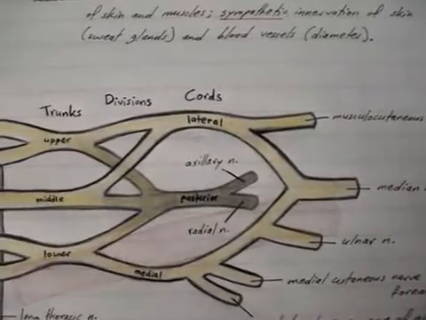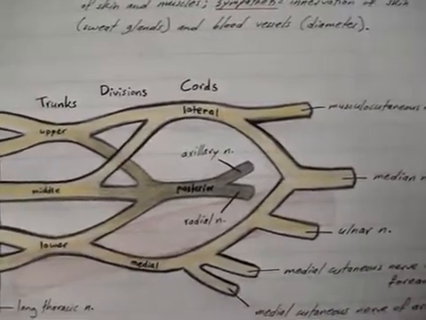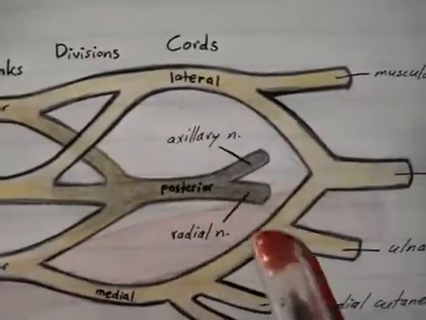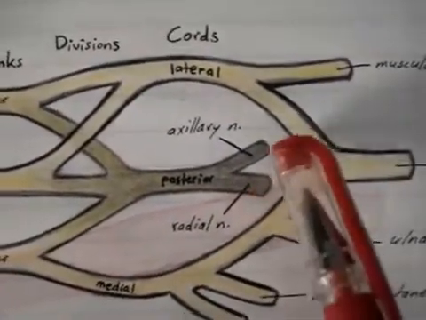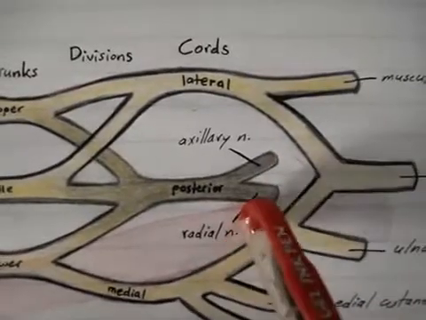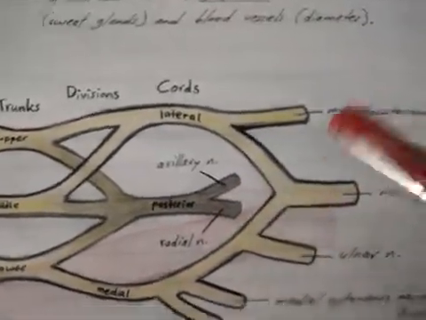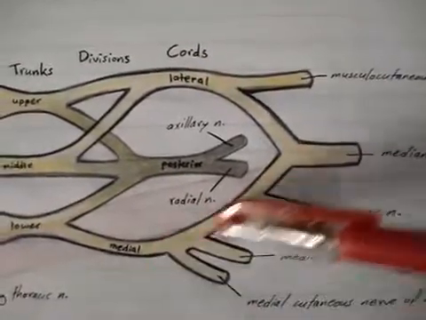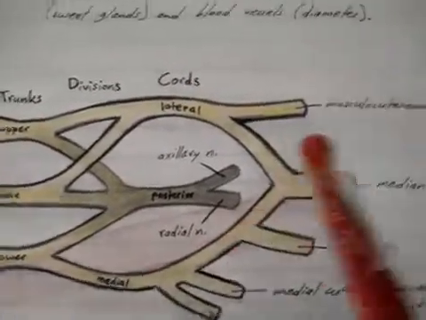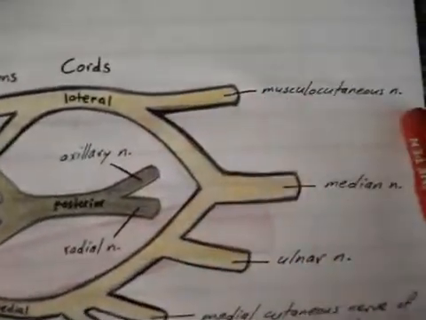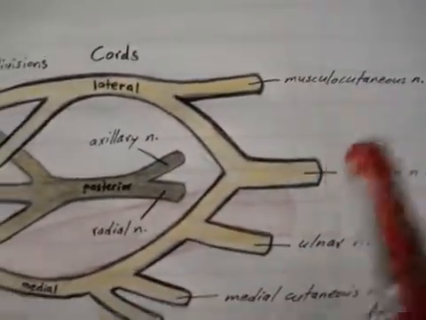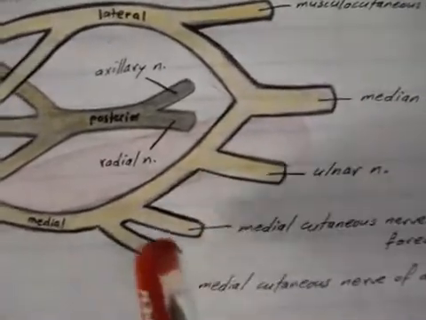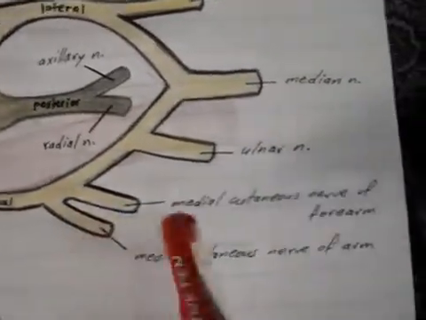So now we look at the major branches of the brachial plexus. The major branches of the posterior cord are the radial nerve and the axillary nerve. Okay, the radial and axillary. The major branches of the lateral and medial cords are the musculocutaneous nerve, median nerve, ulnar nerve, and the two small ones.